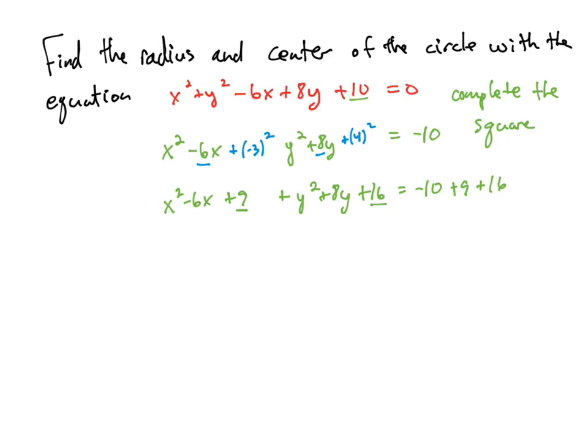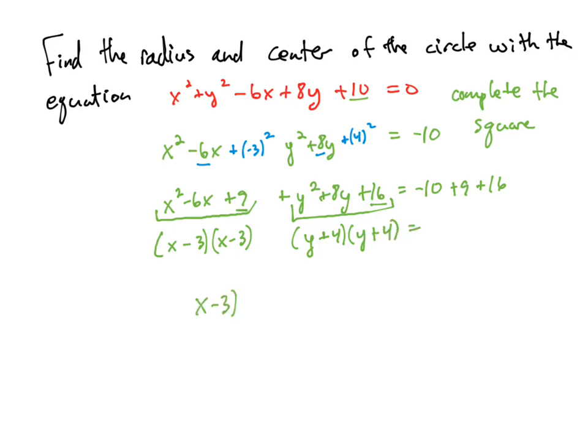All right, now the whole reason we want to complete the square is because each of these groups of terms is going to factor into two factors that are the exact same. So x squared minus 6x plus 9 factors to x minus 3 times x minus 3. The y portion factors to y plus 4, y plus 4.